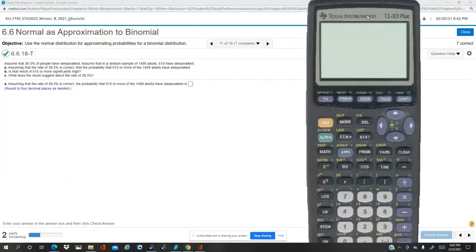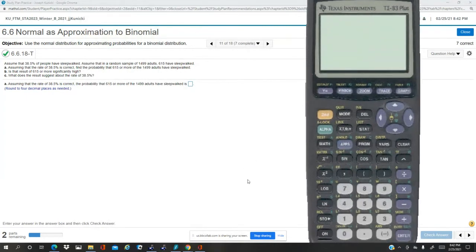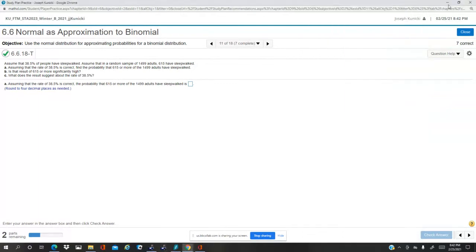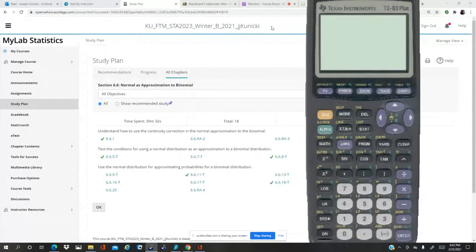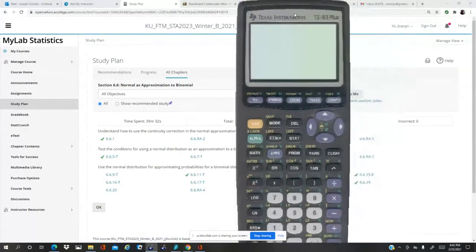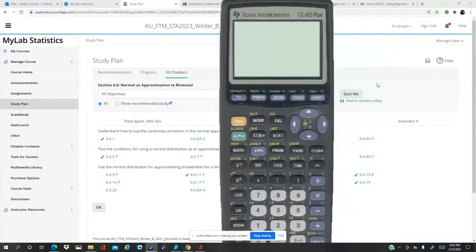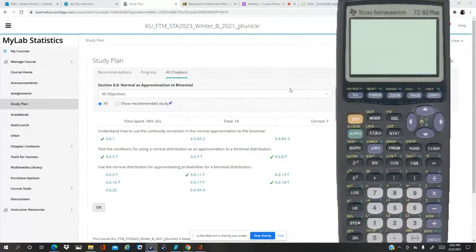And for a binomial, the special formulas, I better show you those. I'm going to have to, well, I'm just going to tell you what they are.